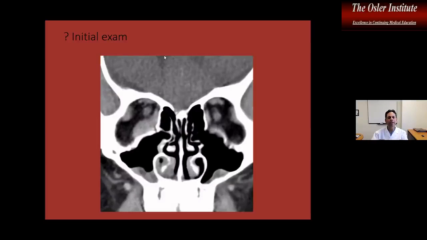Yeah, so the thing about it, it's probably still inferior, medial, superior, and lateral. The problem with the medial one and basal cell is that you often don't see it, right? So it may not be recognized till afterwards.